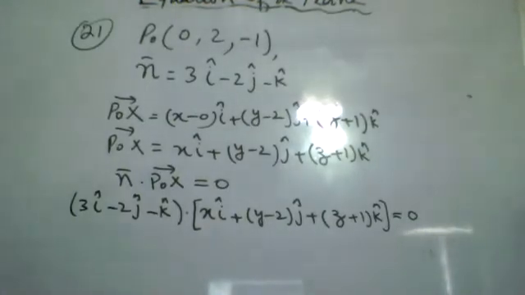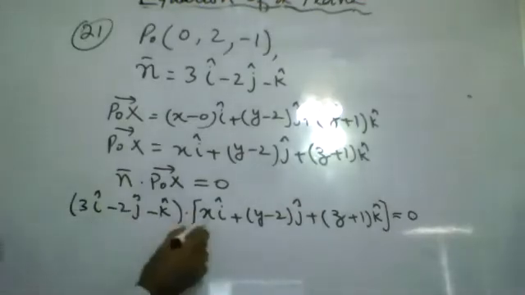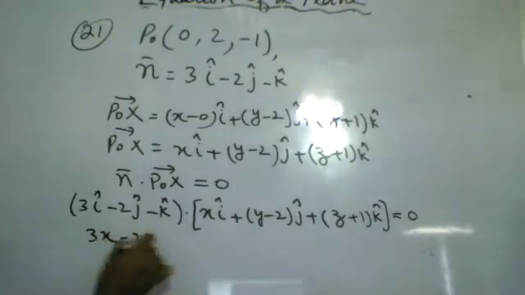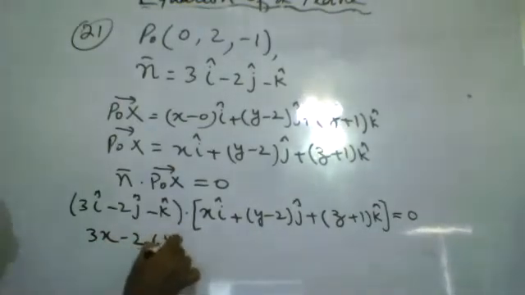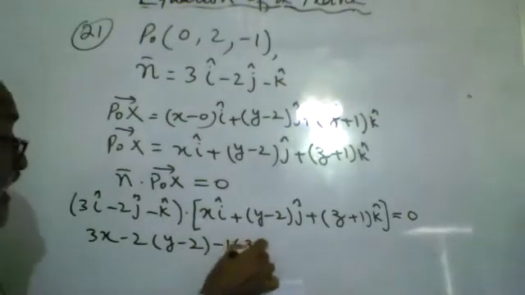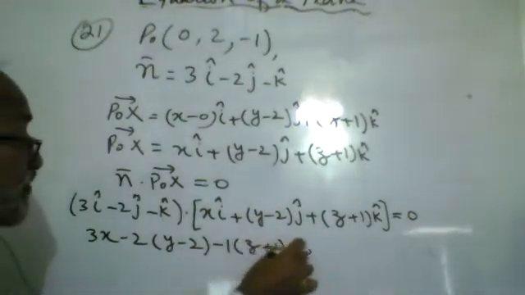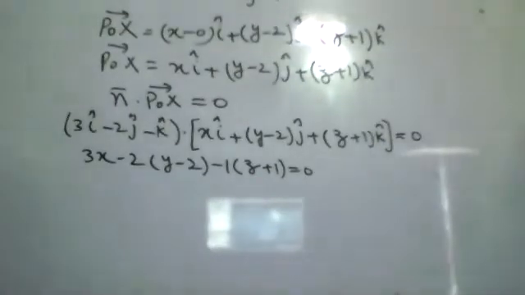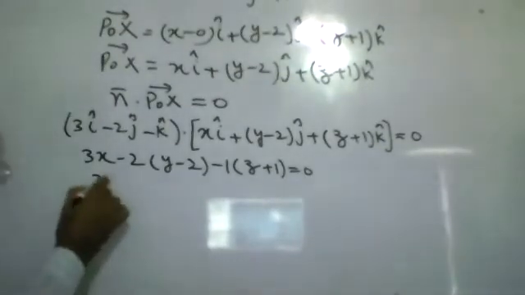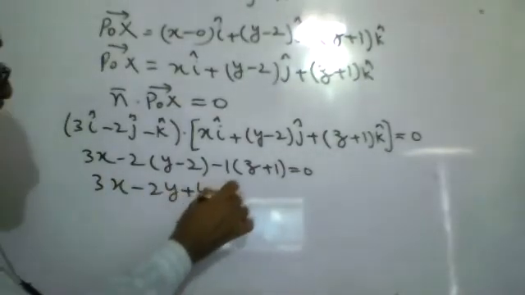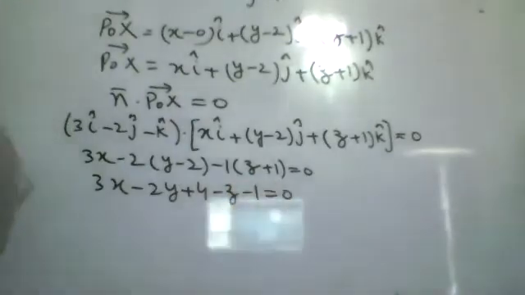Take their dot product: 3 into x, 3x, minus 2 into y minus 2, minus 1 into z plus 1, equal to 0. It will become 3x minus 2y plus 4 minus z minus 1 equal to 0.